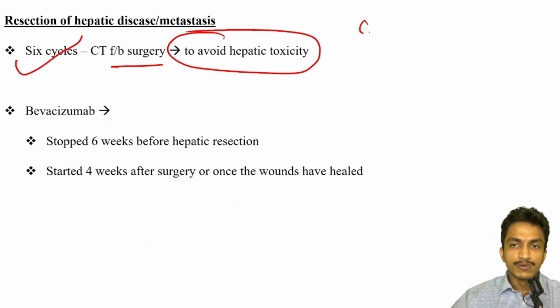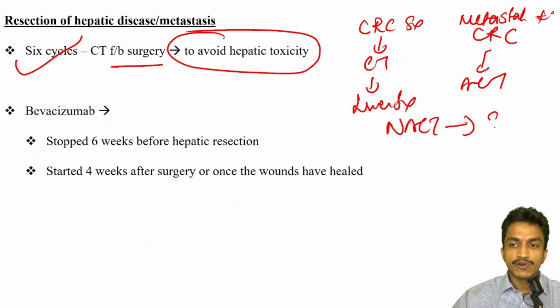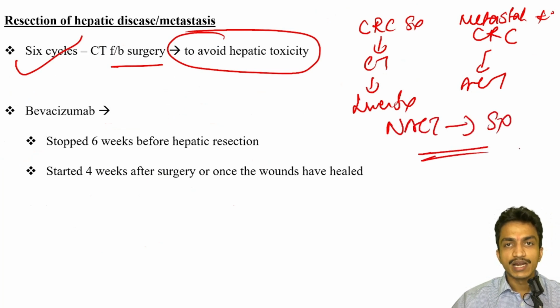So either we do colorectal surgery followed by chemotherapy followed by liver surgery, or we do metastatic disease plus colorectal surgery followed by adjuvant chemotherapy, or we give neoadjuvant chemotherapy followed by surgery. So these are various modalities which are used. Nothing is fixed according to a specific guideline.